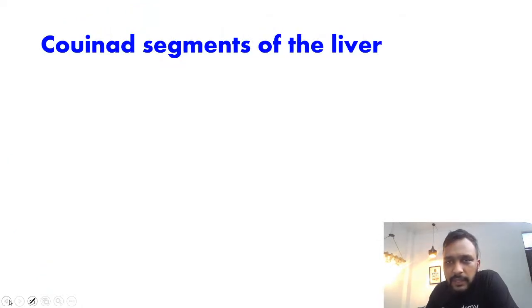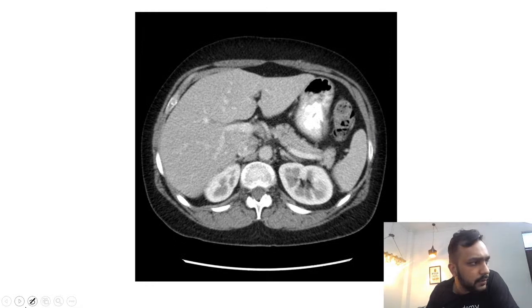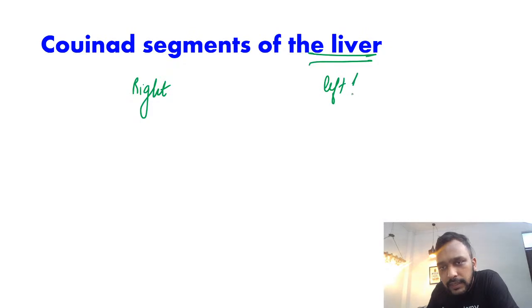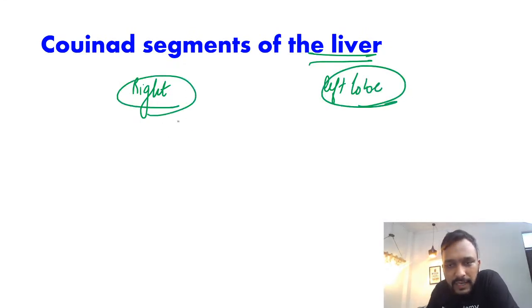Now let us talk about the Couinaud segments of the liver. We all know your liver is divided into right and left lobe. Which is that vein which is going to divide the liver into a right and a left lobe?